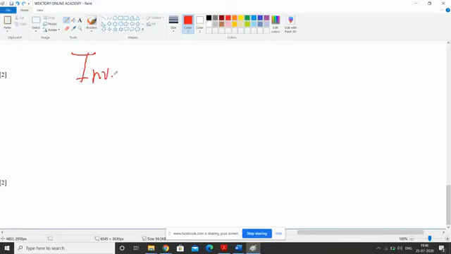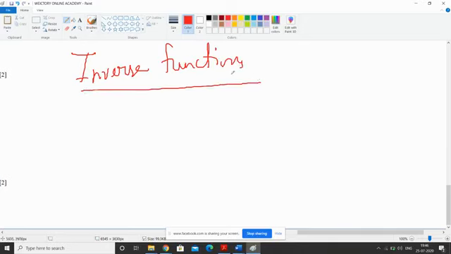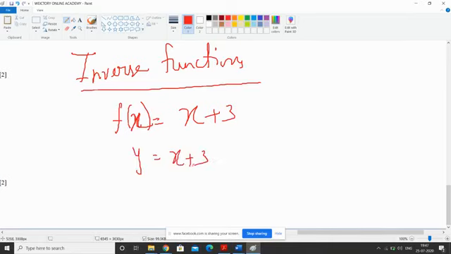So inverse function, let's say, how to find inverse function. f(x) is equal to x plus 3. Just replace f(x) with y, so y is equal to x plus 3.